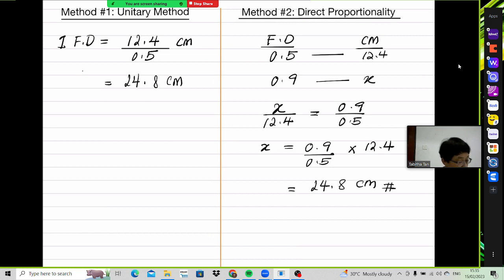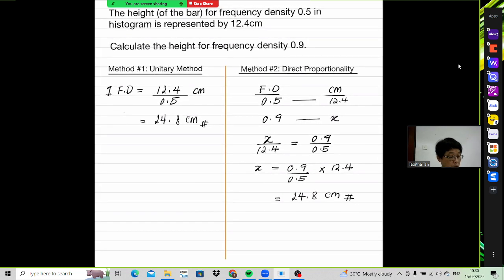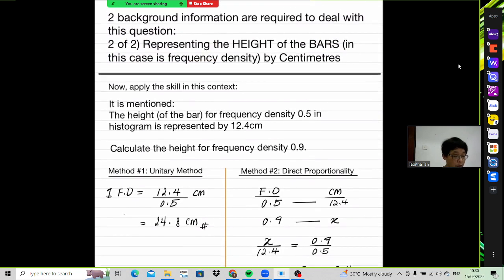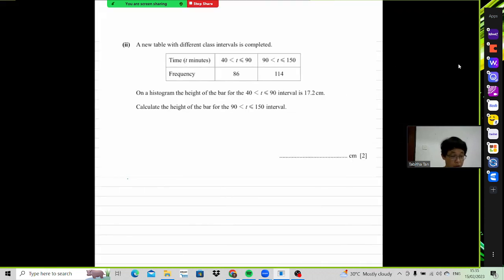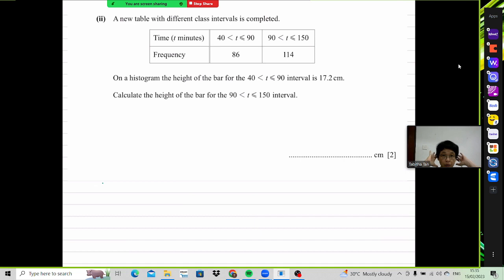So this is the basic skills and background information you require to approach that. Now, since we have acquired both pieces of background information, why not approach that question? Let us read through this again, this time with more background information, and you may find the question easier because you understand more of it. A table with different class intervals is completed.